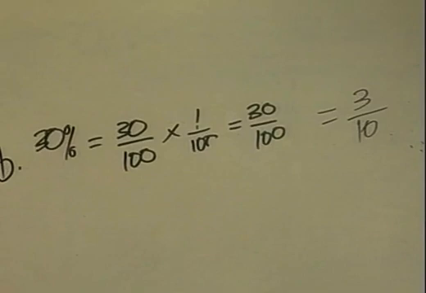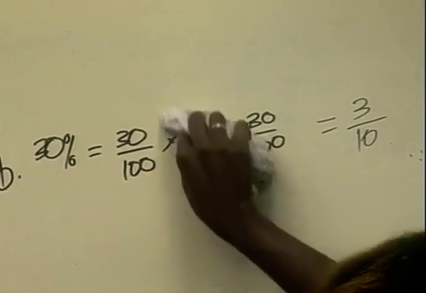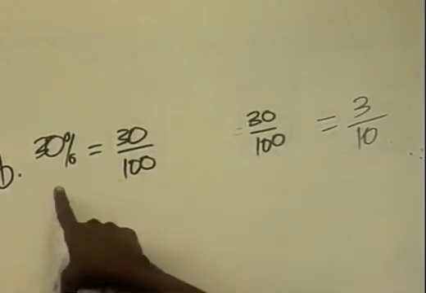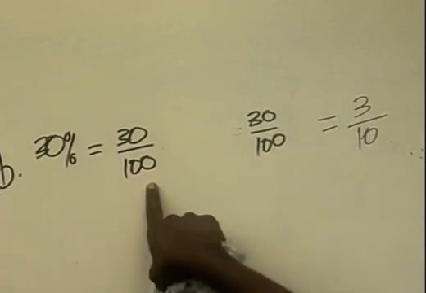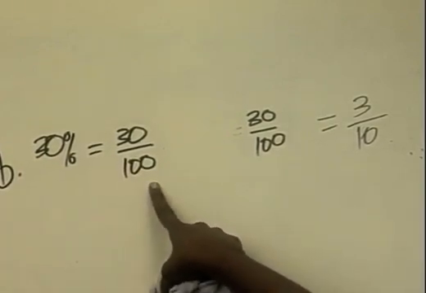Okay, he's correct in saying that, but he has already had his 30 over 100. This 100 represents percentage. So the only way here to do is just what? Simplify the fraction. He already had it in fraction form. There is no need for us to multiply with 1 over 100 again. Is that clear, ATs and receiving students? Yes. So, as we all know, this is a percentage. This sign represents this 100 here. So bear that in mind.